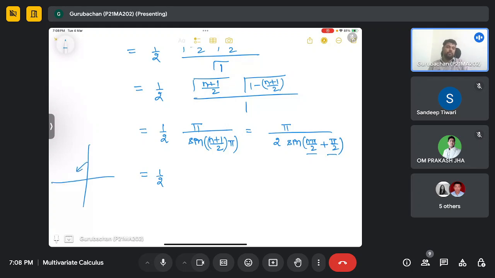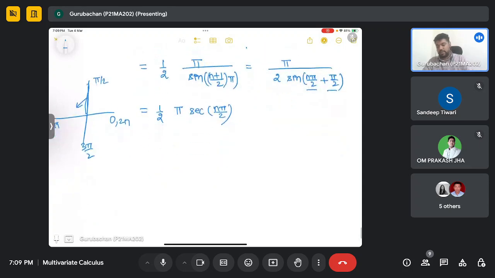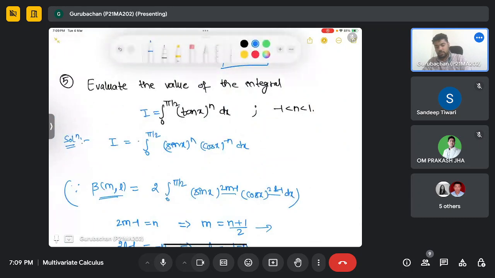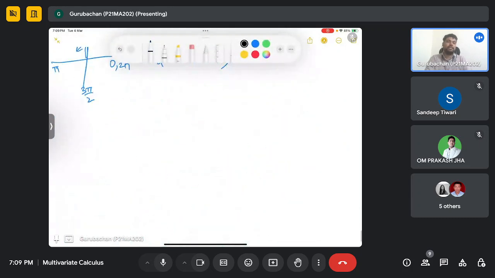After pi by 2, is sine positive or negative? Sine is positive, and since we are on this vertical line, sine will change into cos. Ultimately we will get sec n pi by 2. I hope this gives you clarity on how to deal with these beta gamma type integrals.